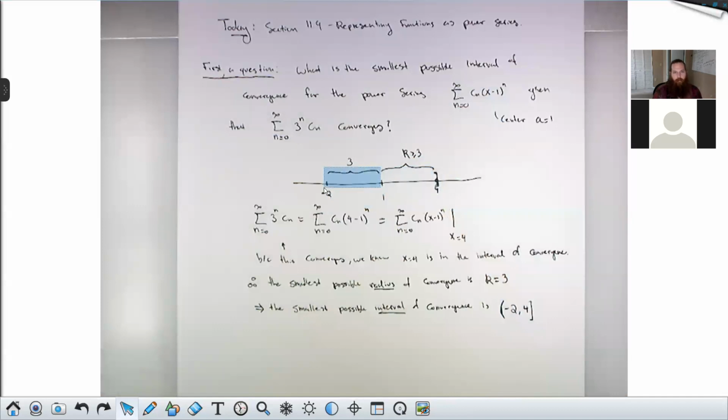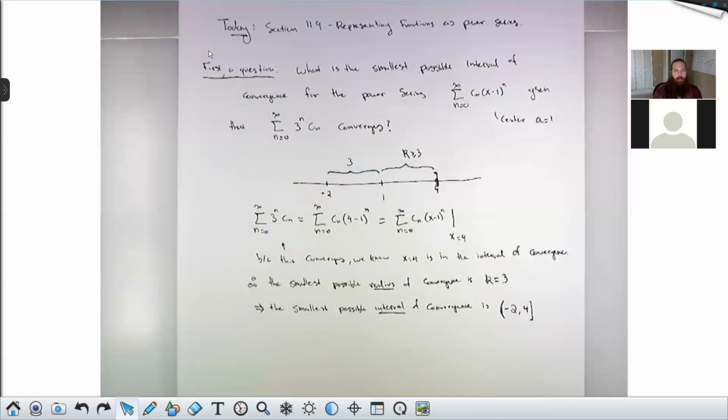If I wander to the left 3, I get over here to -2, but maybe -2 itself isn't included. We've seen that, right? The endpoints can either be included or not included. It depends on the series. And I don't have enough information here to say whether or not the -2 should be included or excluded. So the smallest possible is the left open, right closed interval from -2 to 4.